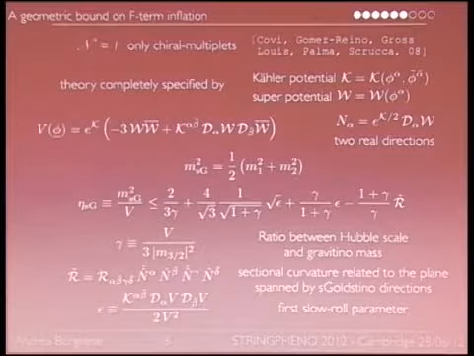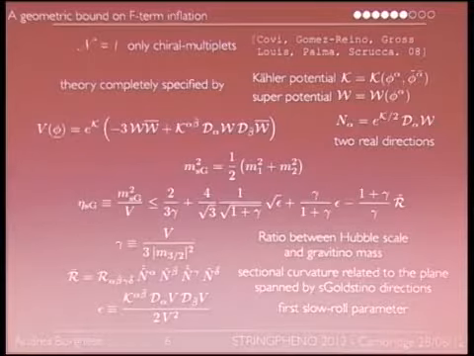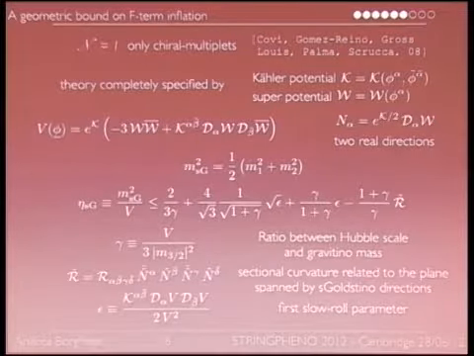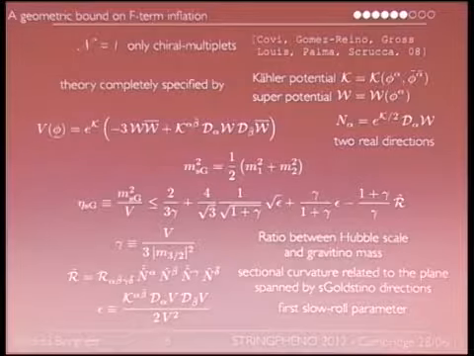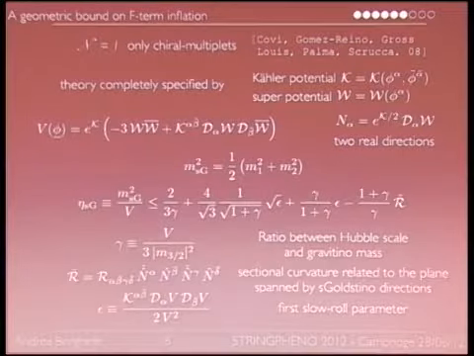some special quantities, all quantities related to the inflationary dynamics. So for instance, epsilon is the Hubble parameter. Gamma is a parameter which tells you whether the gravitino mass is bigger or smaller than the Hubble scale, which is proportional to the square root of the scalar potential.